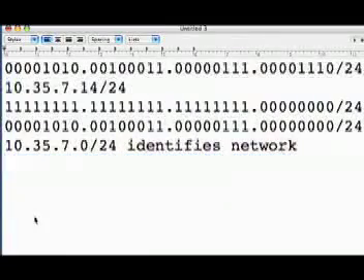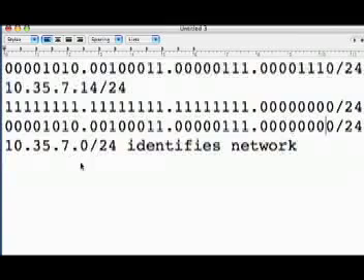In this network, there are 8 bits here, so there are 256 possible IP addresses. But again, we can't use the IP address which is all zeros for an actual host.